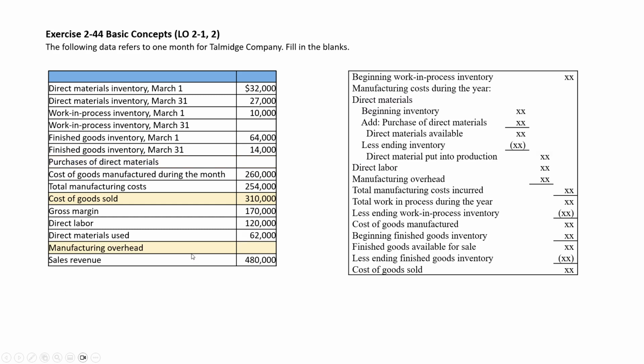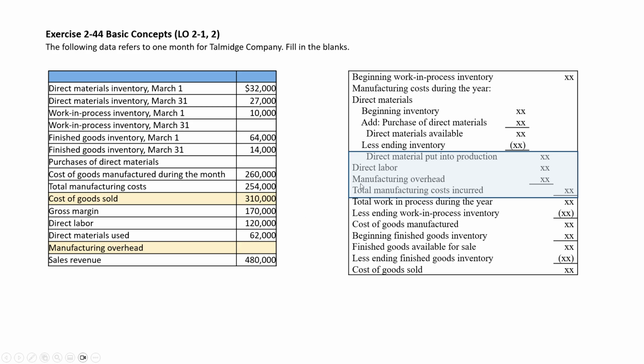Another item is manufacturing overhead. Again, not going to give you the final answer, but just kind of talk through this. Let's move over here and say, how does this relate to some of the other numbers that I might have? Well, if I know direct materials put into production, we already said that's 62,000. If I know total direct labor, I already know that that's 120,000.